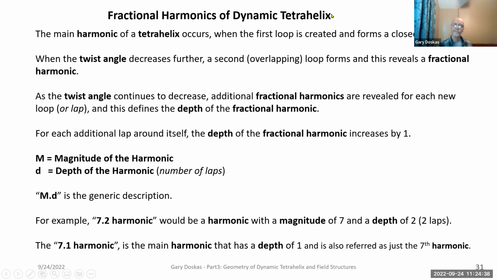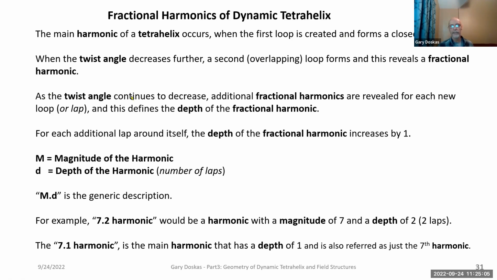This next section, I referred to a fractional harmonic earlier. I'm just going to explain the details of what a fractional harmonic is. So the main harmonic of a tetrahelix occurs when that first loop is created and forms a closed loop circuit. But when the twist angle is decreased further, a second overlapping loop forms, and this reveals a fractional harmonic.